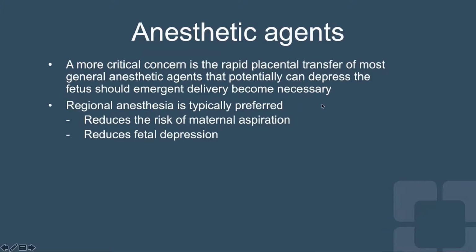So when we're looking at emergent delivery, that's the time when we want to avoid these anesthetic agents, not when we're remote from delivery and not concerned of that as either a practicality, say the fetus is pre-viable, or a likelihood, say we just really don't expect any issues with the fetus.